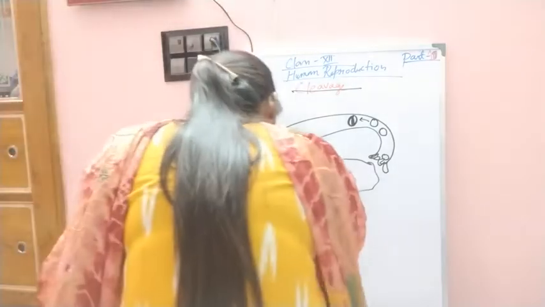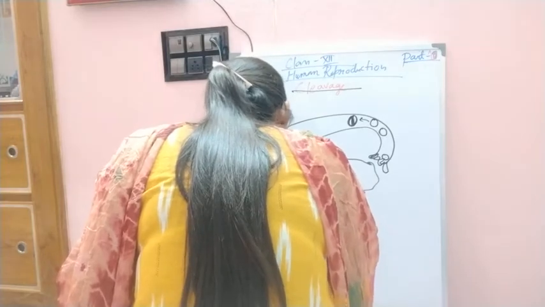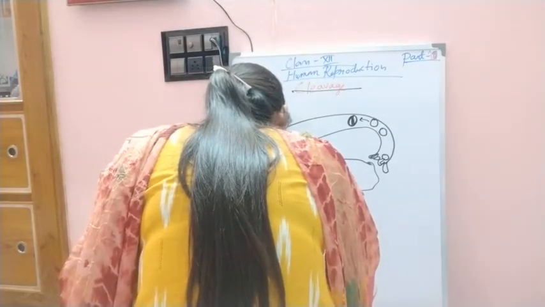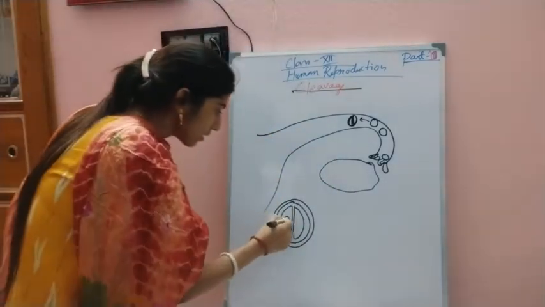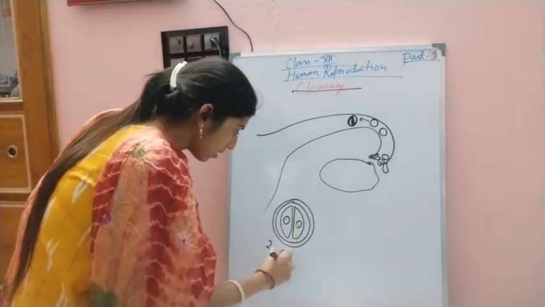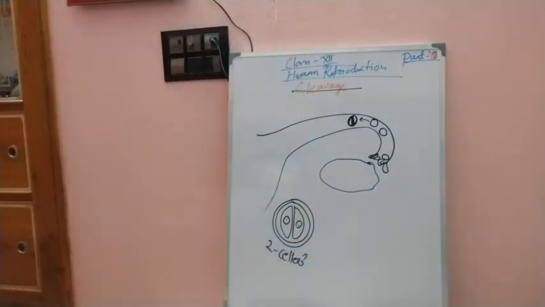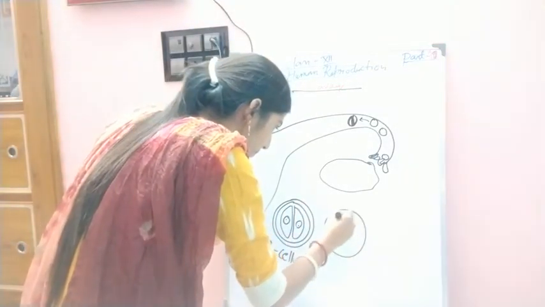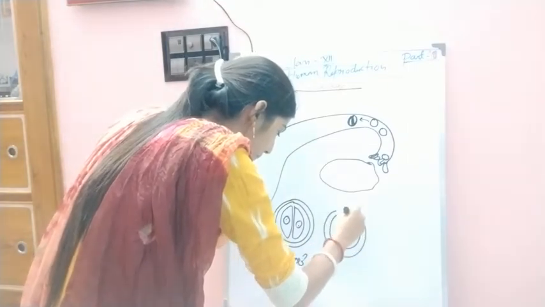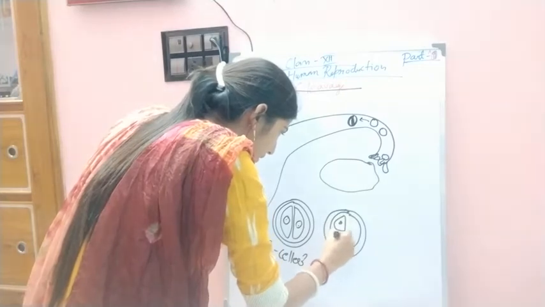How? At that time the zona pellucida layer is present. That is the two cell stage. And after that what will happen? It will reach the three cell stage. How? Division will be like that.